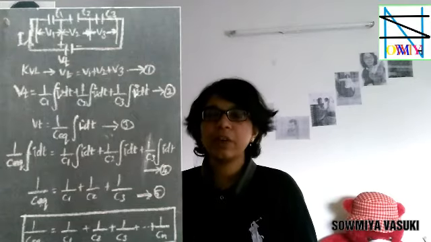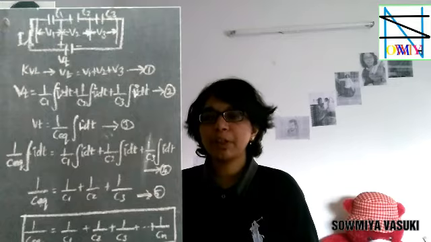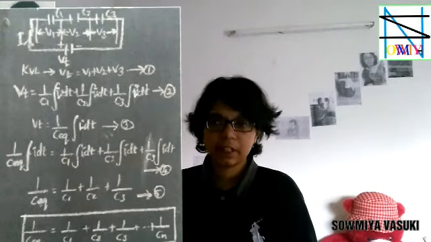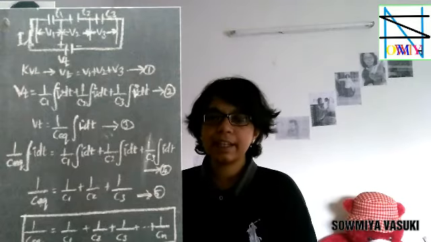So 1 by C equivalent is equal to 1 by C1 plus 1 by C2 plus 1 by C3 up to 1 by Cn.